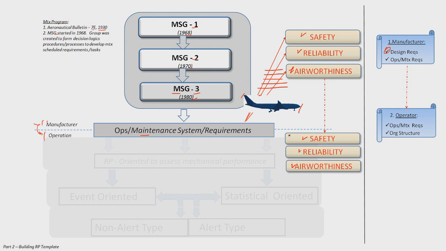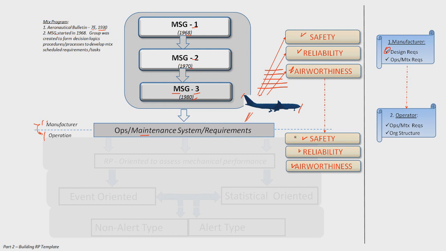So the product should be safe, reliable, and airworthy during real life, during operation. And what is the operator doing? The operator takes all this information. They are building organizational structure, maintenance structure, operational system, maintenance system, logistical structure, logistical system. They are developing the maintenance program, tasks, intervals, etc.